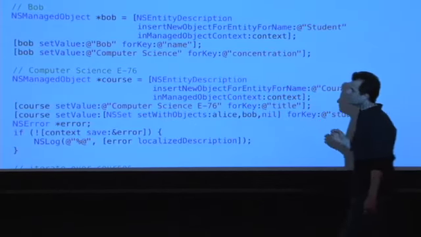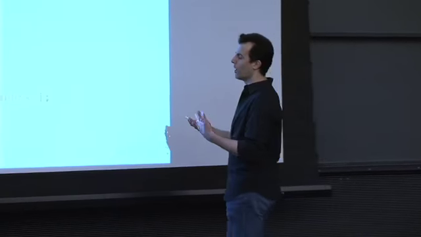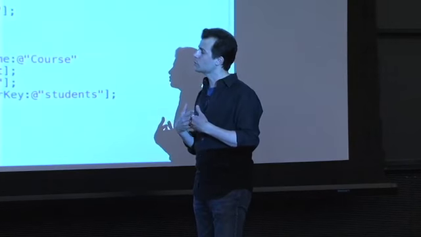And now this one's a little more interesting because I want to ensure that I have this one-to-many relationship. So I can't just call setValue twice, because as would be the case with most of these collection classes, when you call setValue, you're clobbering, presumably, the previous value. So we need to somehow map multiple students to this course object.